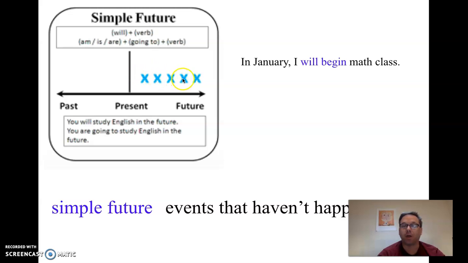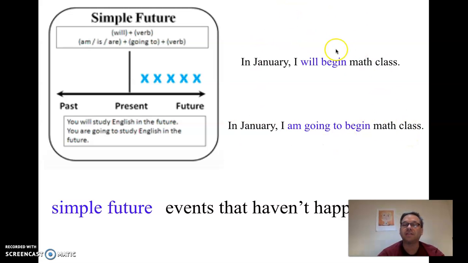January, February, March, April, whatever. In January, here, this point in the future, I will begin math class. In January, I am going to begin math class. Same. In January, right here, this point in the future, I am going to begin math class.